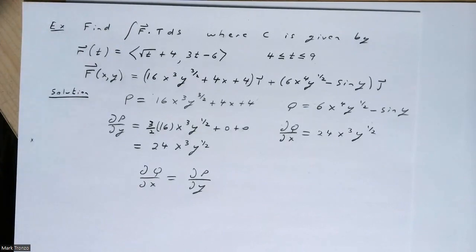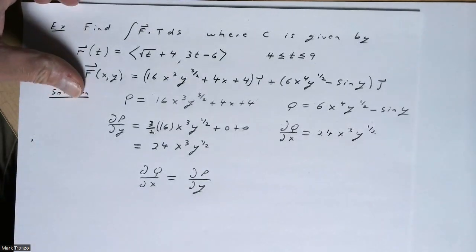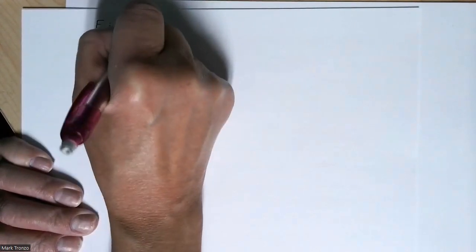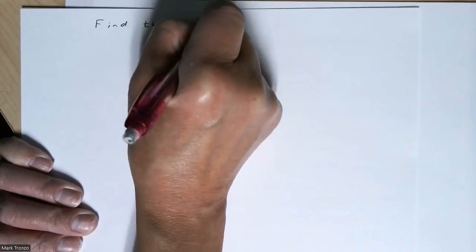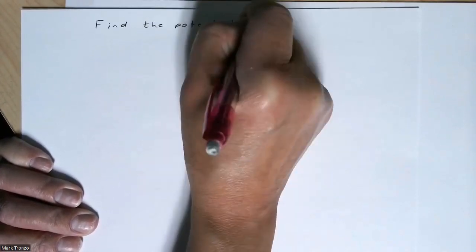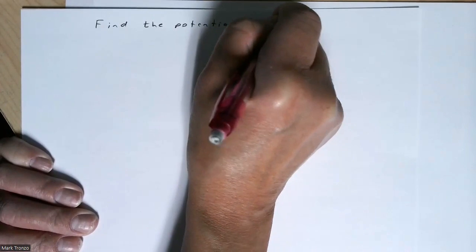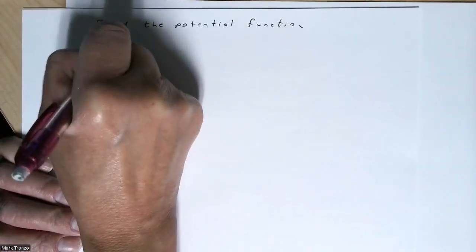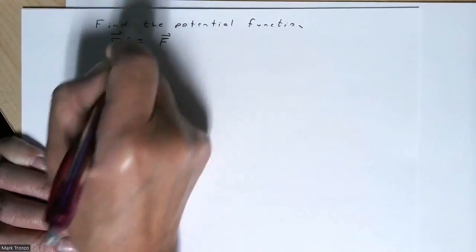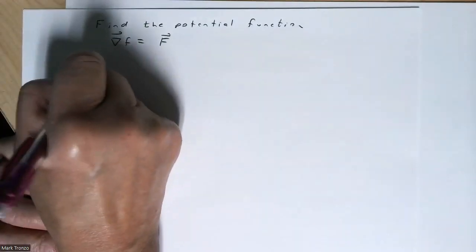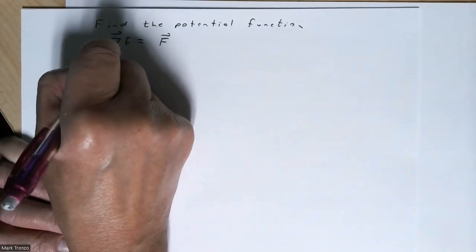Let's go through and find it. Remember what we want. We want something where we take the gradient will be equal to our vector field.